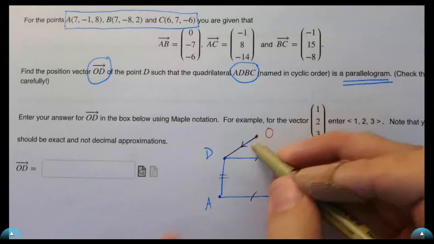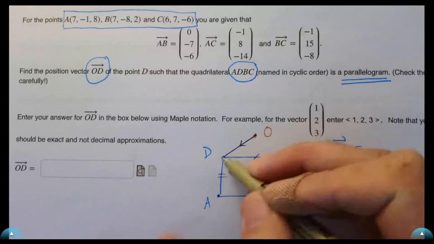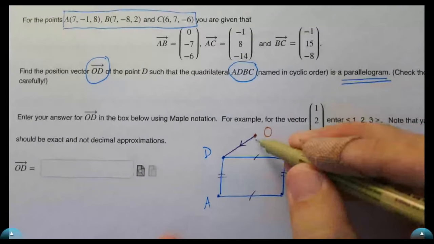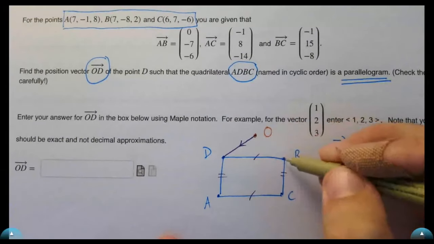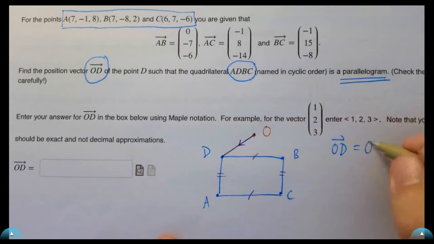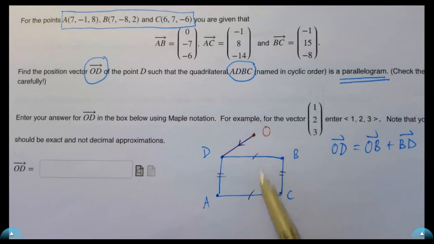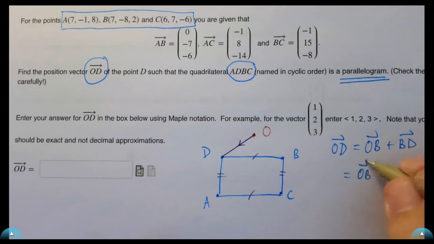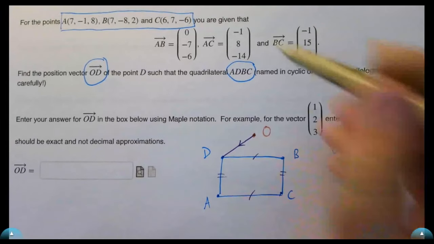So I'm going to use the triangle law to get me from O to D. Firstly, go to B and then BD. Now, because the opposite sides are the same length and parallel, I can write the vector BD as the vector from C to A. Now, what do we have up here?